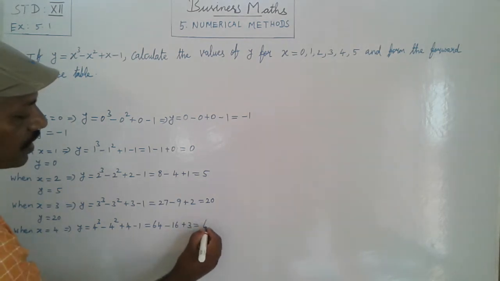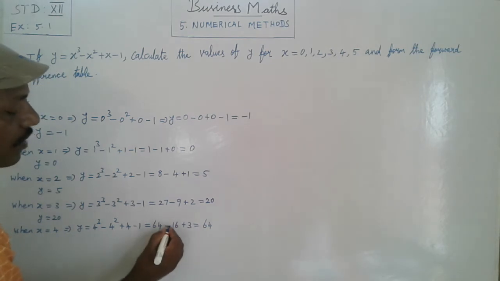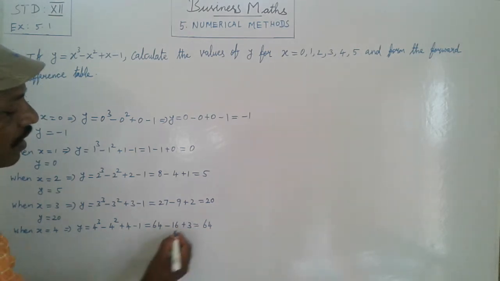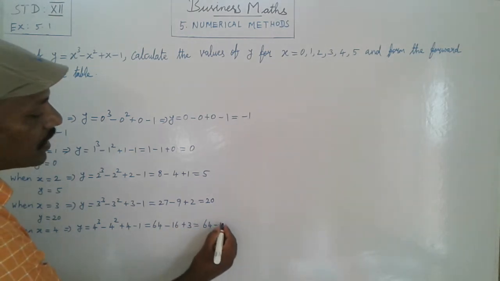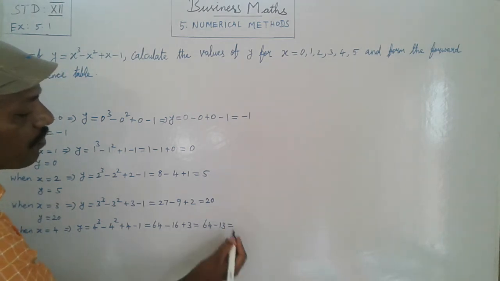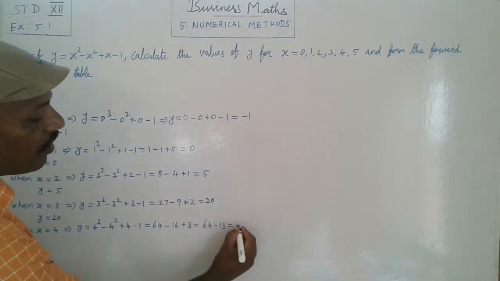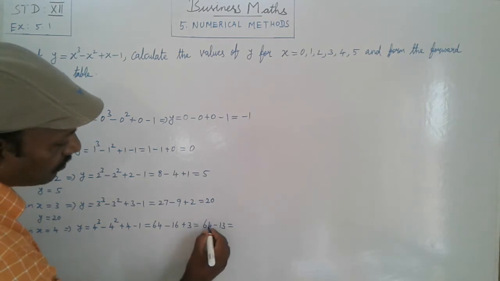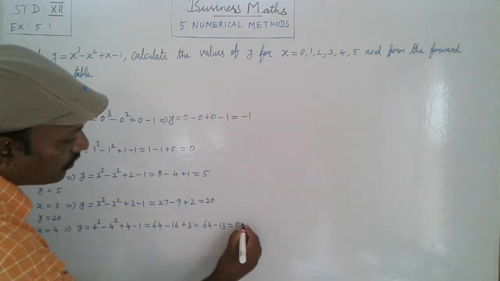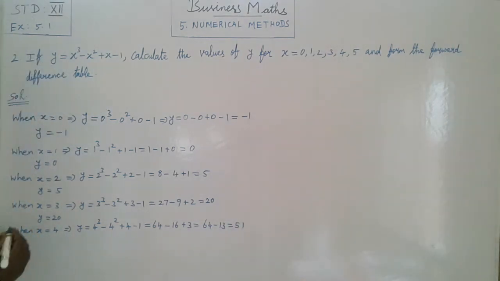Equal to 64 minus 16 is 48, plus 3 is 51. So when x equal to 4, y equal to 51.